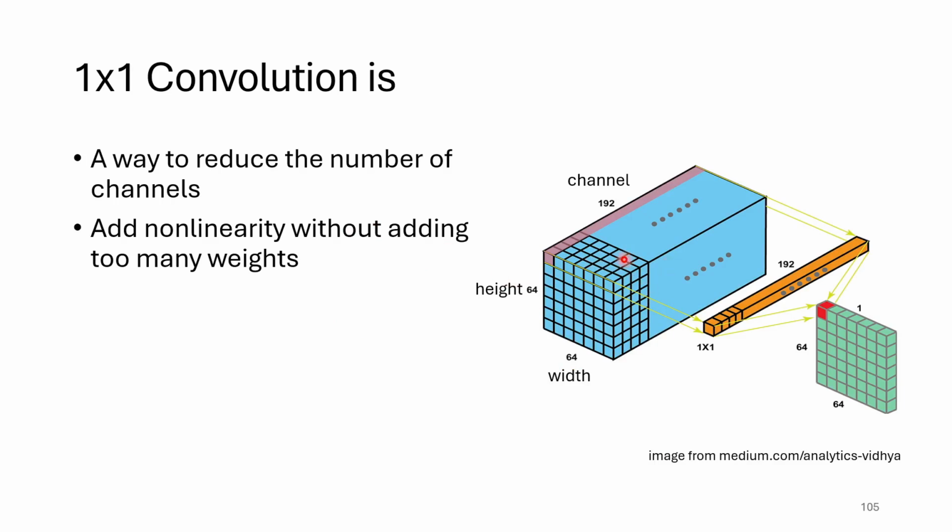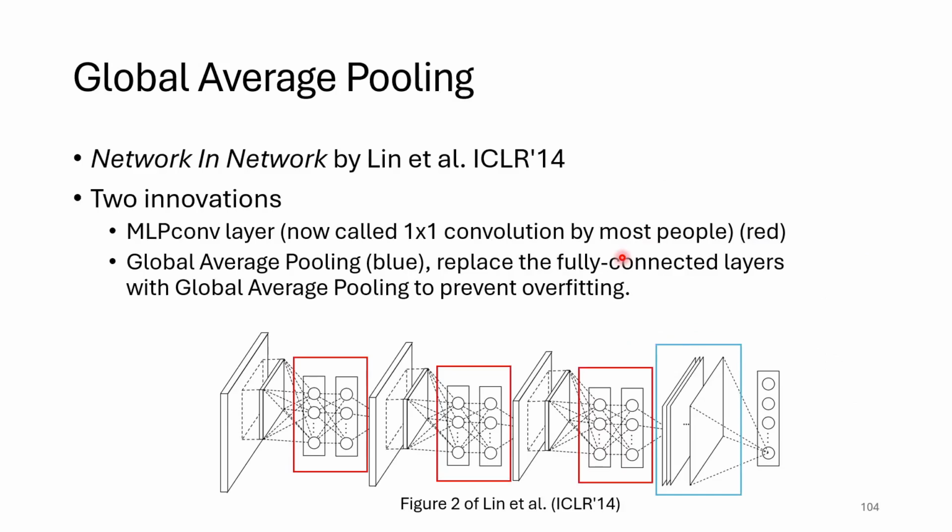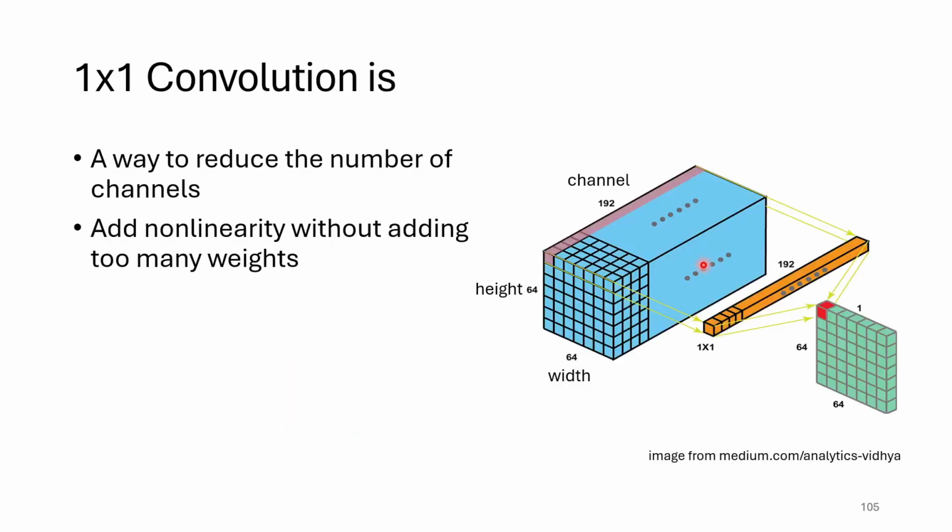It means the weighted average of many channels. Why do they want to do the one by one convolution? Because they found, first, that you don't need a lot of parameters. For this example, you only need 192 parameters.